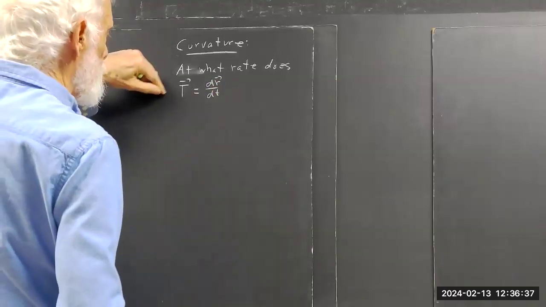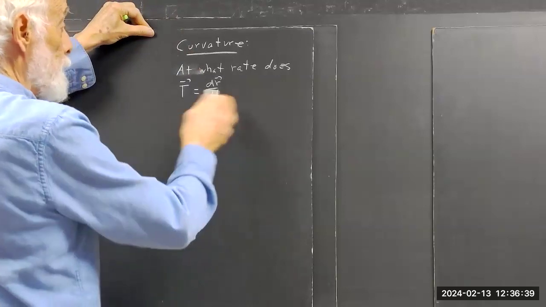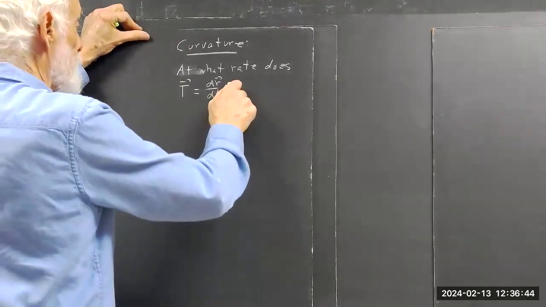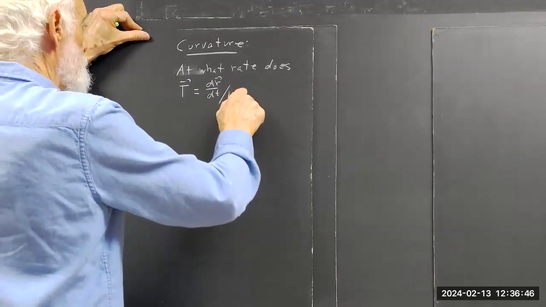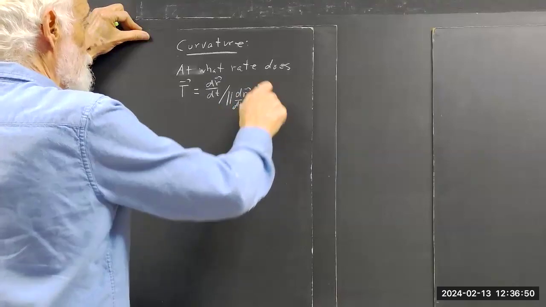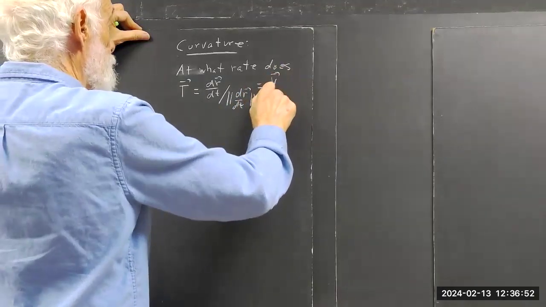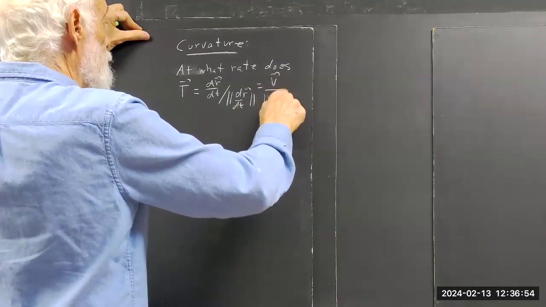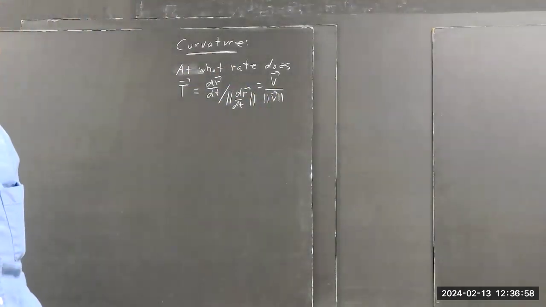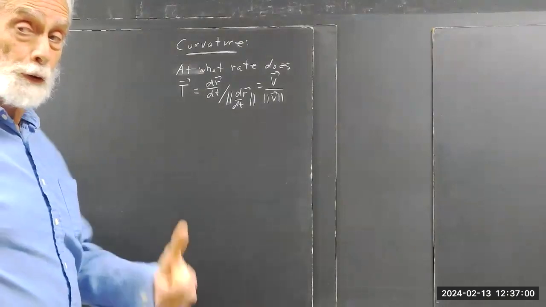Okay, the unit tangent vector is r'(t), which is the velocity, over the magnitude of r'(t). I think that's the way the book has it, right? So that's the velocity divided by its magnitude, which is an obvious unit vector in the direction of motion.